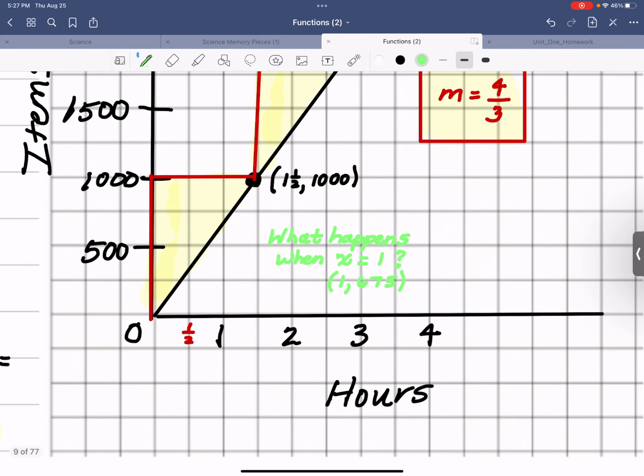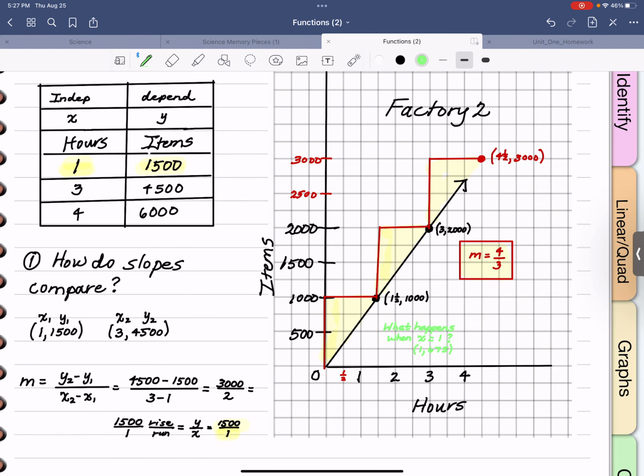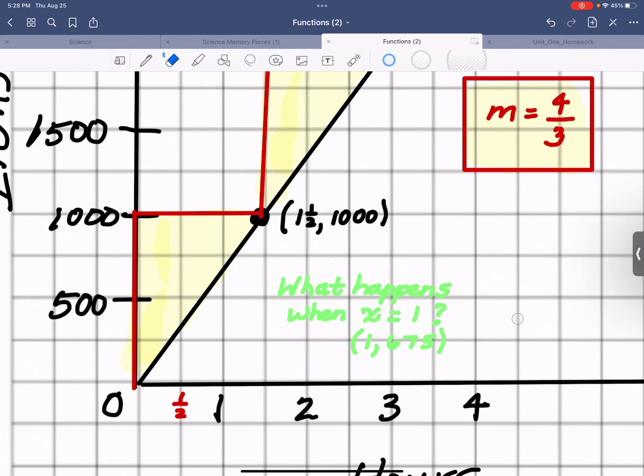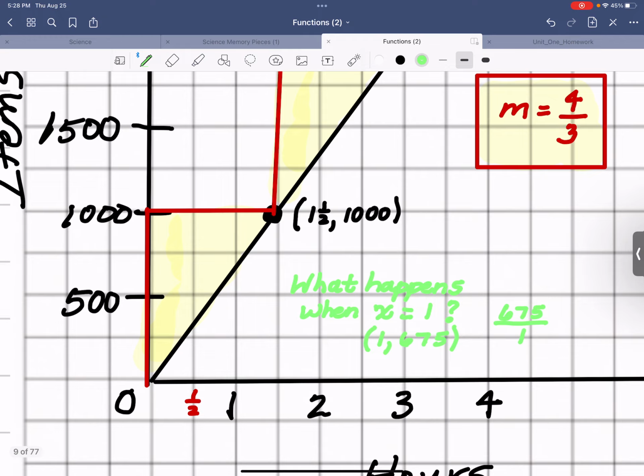Now on the other data set, at 1 hour, 1,500 items had been made. So let's put this in actual terms. The slope is steeper on which graph? If you put this one in terms to compare it to 1, you would have rise over run. So in 1 hour, this group is making 675 items.